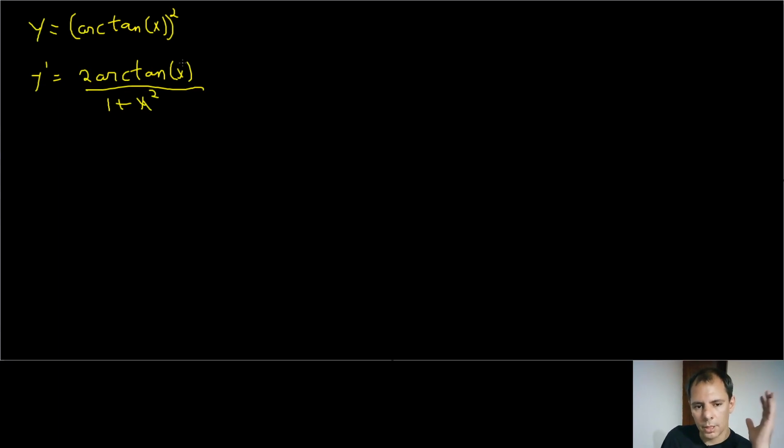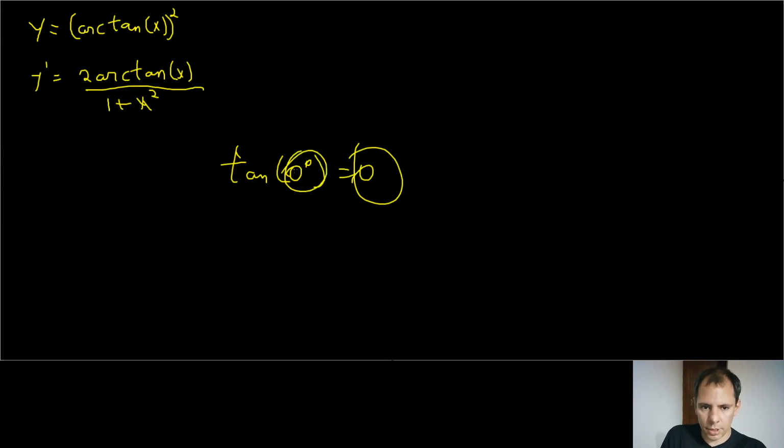I'm not talking about a degree, I'm just talking about a scalar. What scalar do you have to give an arctangent to get a degree of 0? Well, the tangent of 0 is 0, so the arctangent of 0 is also 0, right? The tangent of 0 degrees is 0, so the arctangent of this is going to be 0 degrees.